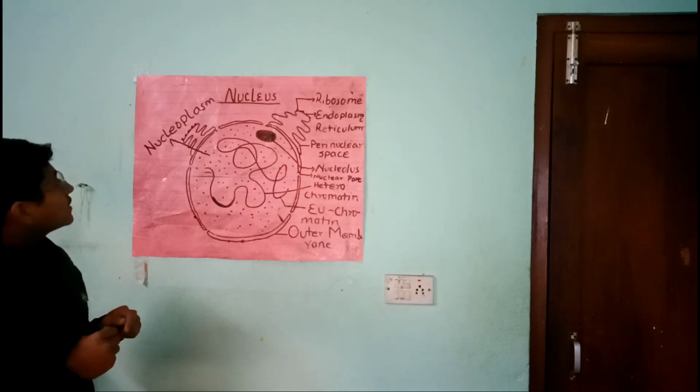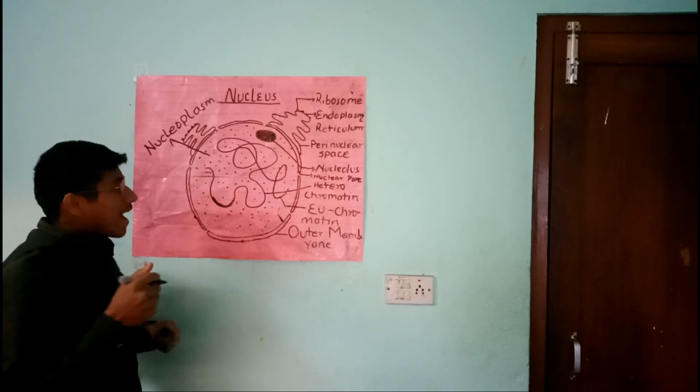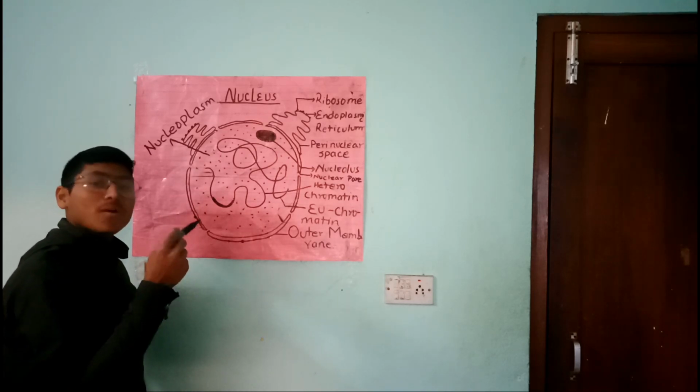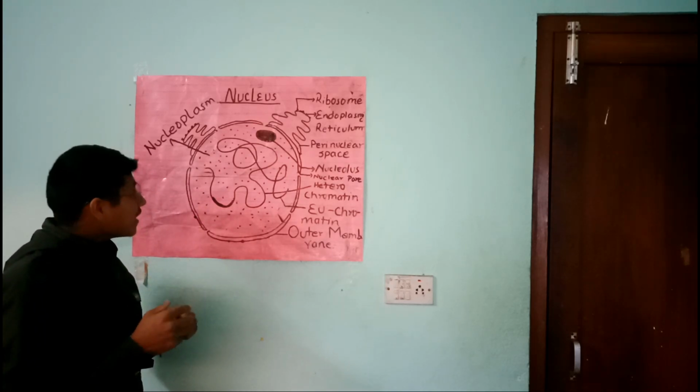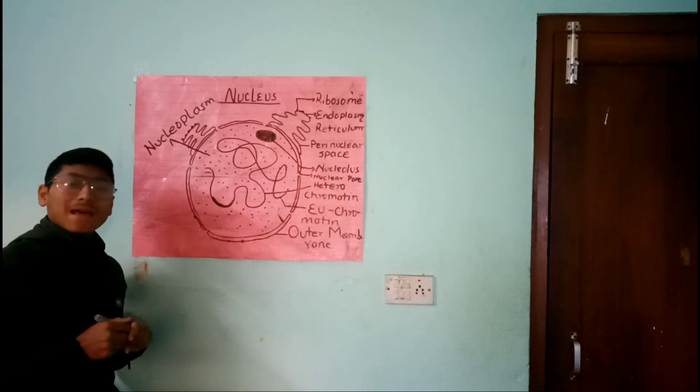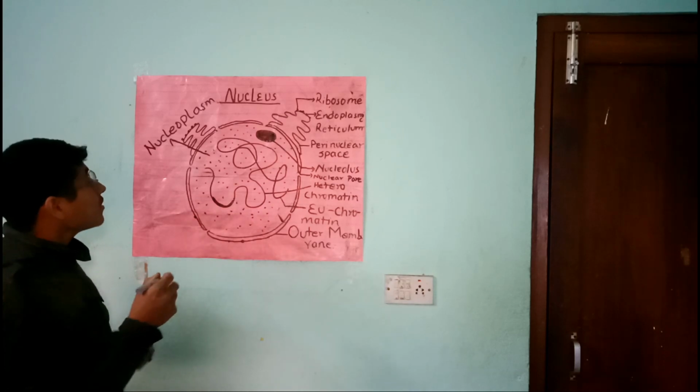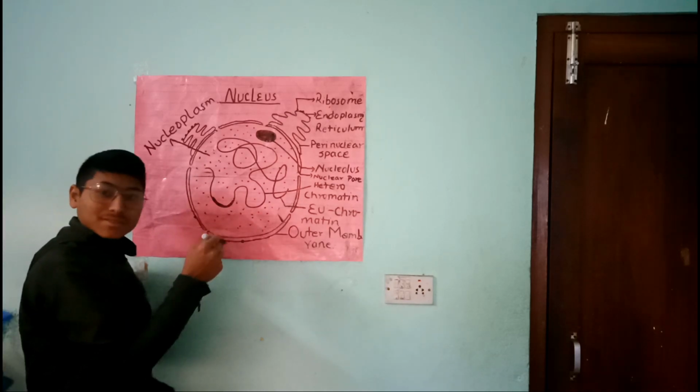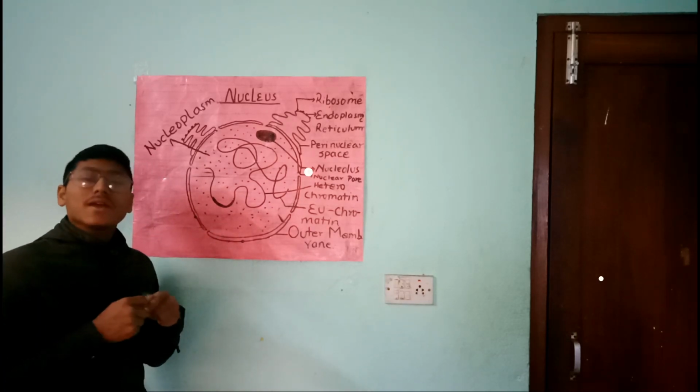Another point is that ribosomal RNA and proteins are also formed by the nucleus. Spindle fibers are also formed by the nucleus in plant cells. And it develops genetic variations that contribute to evolution.